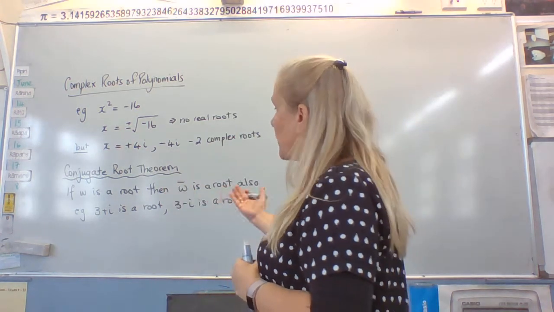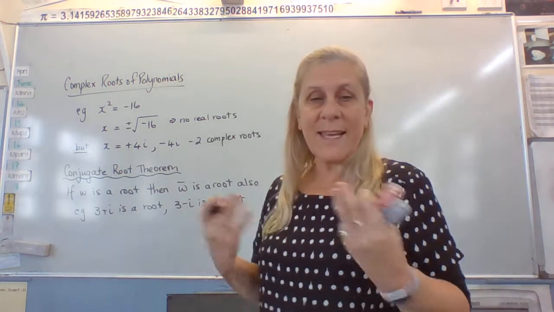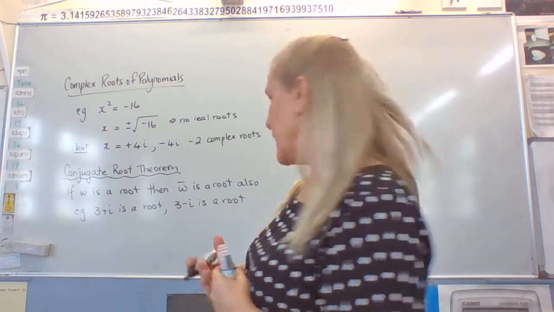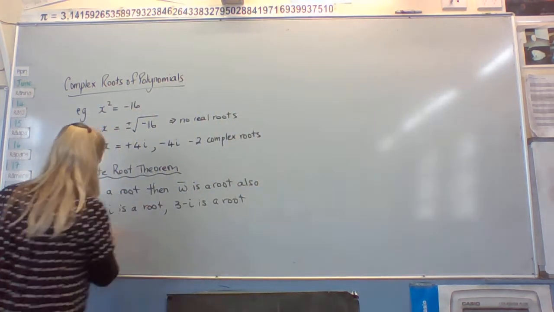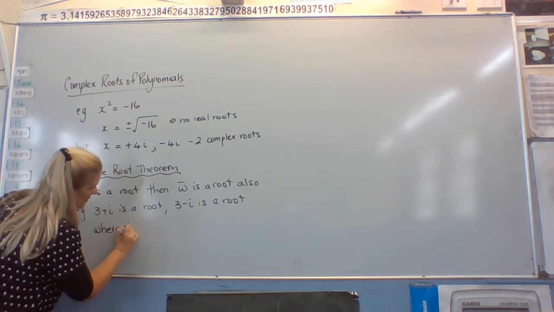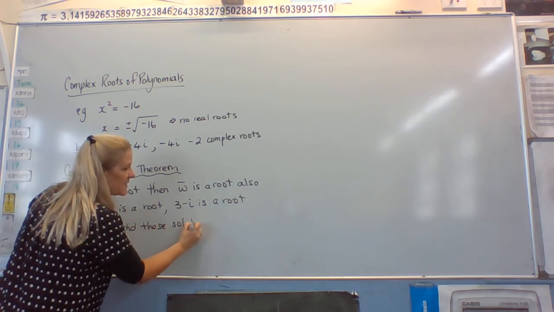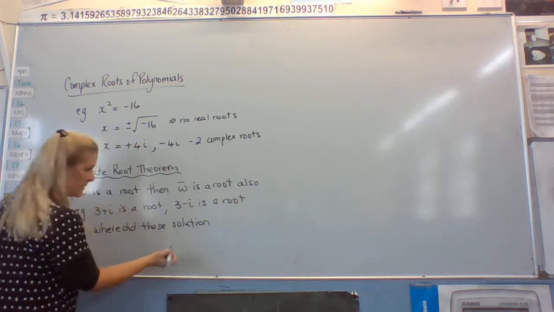If we know that 3 plus i is a root and 3 minus i is a root, where does that come from? What quadratic does that come from? So this is kind of working backwards.